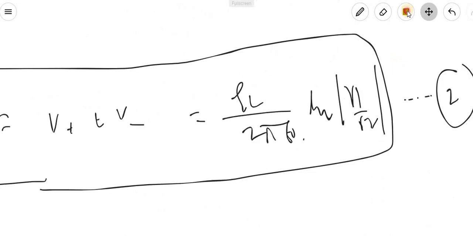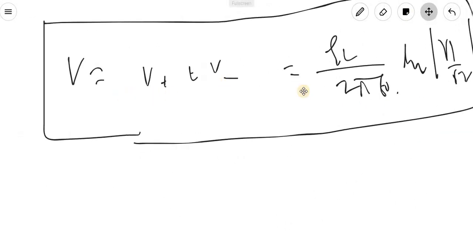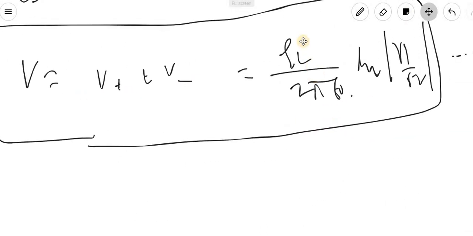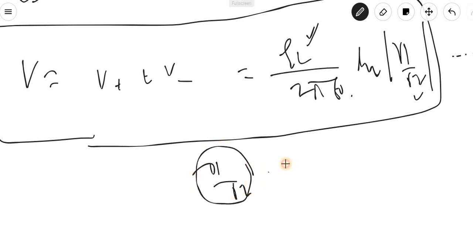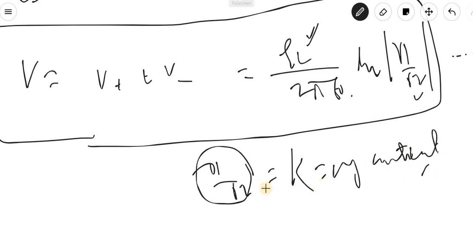Now what can we see from this equation? This is the potential equation. For a configuration, rho L is a constant, and 2 pi epsilon naught is also constant. Now the V is ln R1 by R2. If we take R1 by R2 as a constant, suppose K, it must be a positive constant obviously.